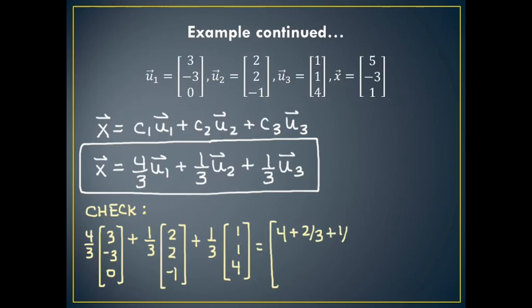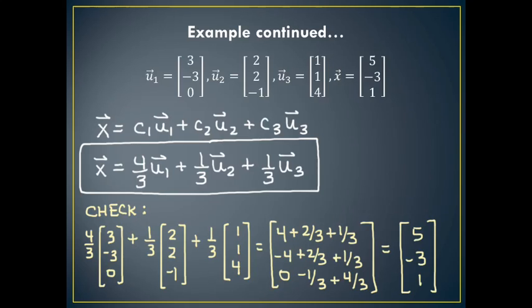I get 4 plus 2/3 plus 1/3, negative 4 plus 2/3 plus 1/3, and 0 minus 1/3 plus 4/3, which gives me vector x. So the linear combination checked out, and I know that I did the scalars correctly.